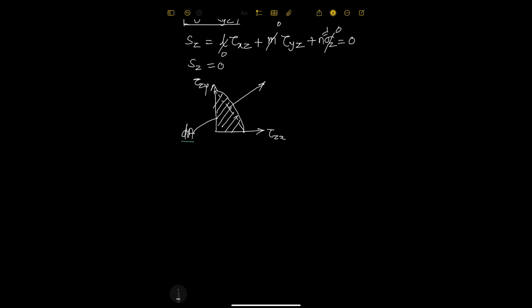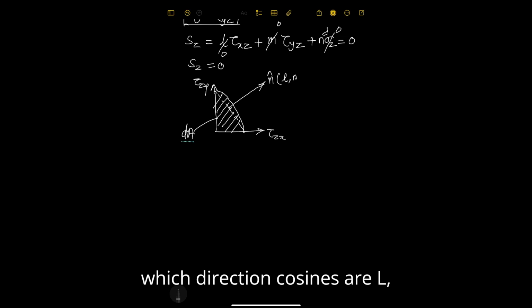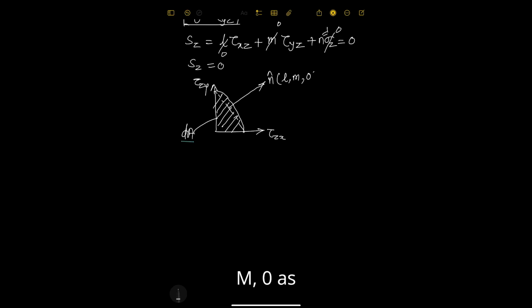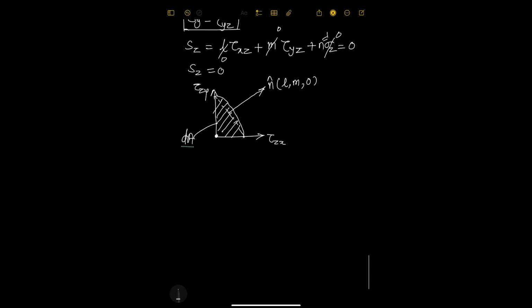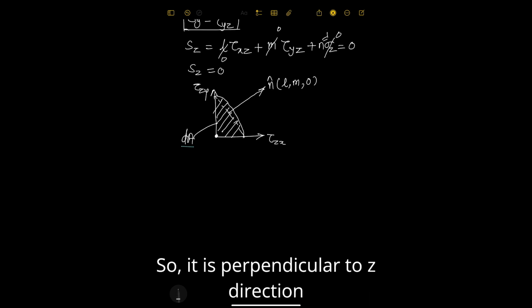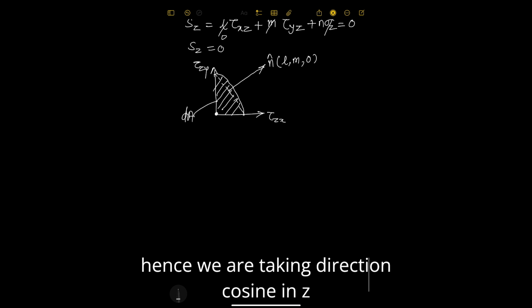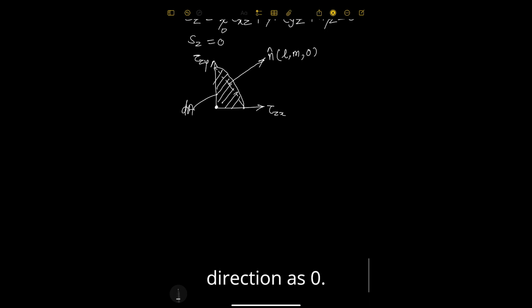On this boundary, this is the vector n, for which the direction cosines are l, m, 0, as this n vector is perpendicular to the z bar. So it is perpendicular to the z direction, hence we are taking the direction cosine in that direction as 0.